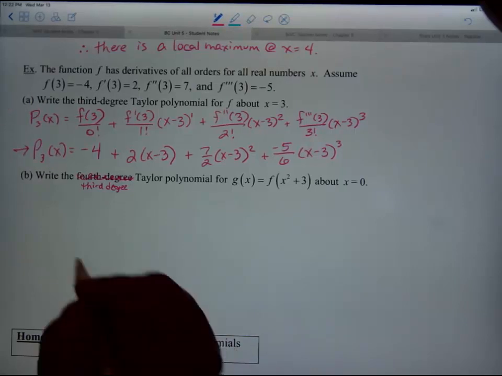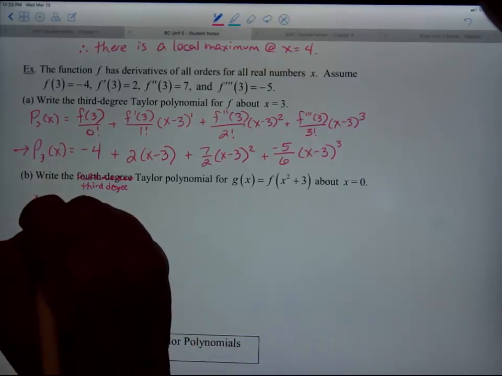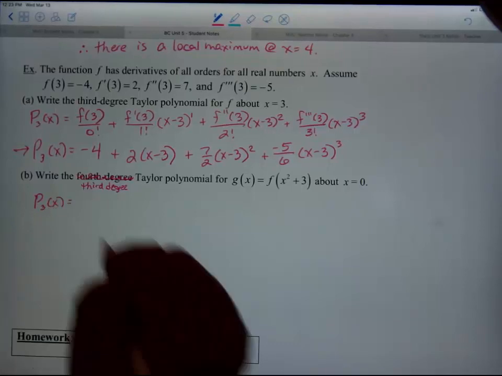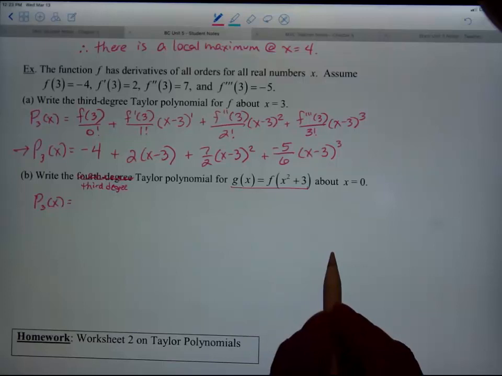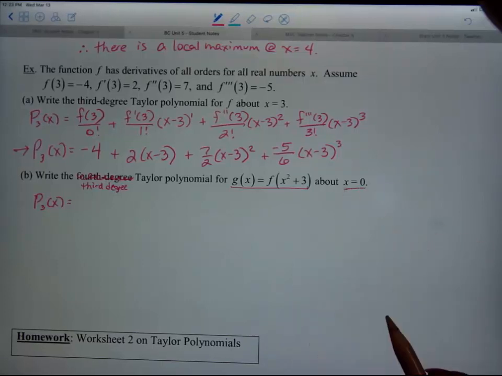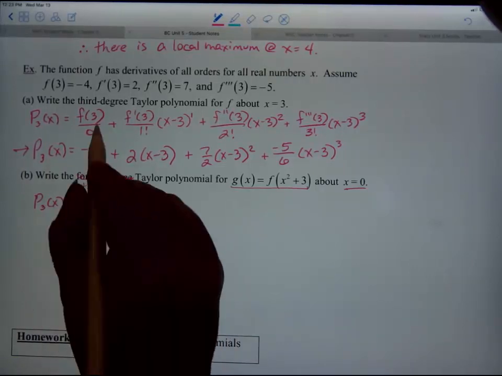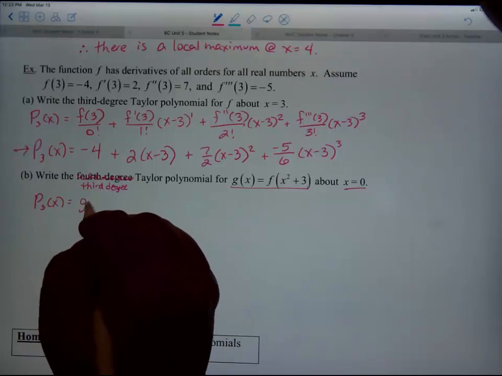So we're going to do a P3 of x equals, they want a Taylor polynomial for g, which equals this, at 0, not at 3. So what's the other name for a Taylor polynomial at 0? A Maclaurin. So they could have called it a Maclaurin, but they decided to call it a Taylor at 0, same thing. Okay? So the first term is going to be g of 0 over 0 factorial.